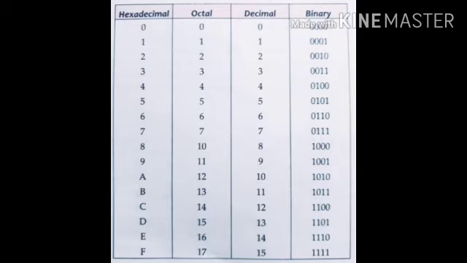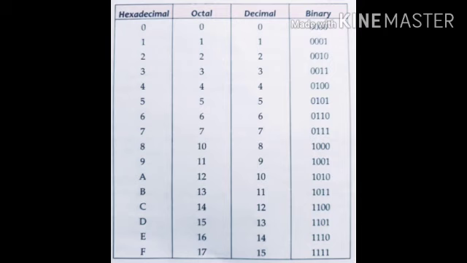Now let us have a comparative study between these four number systems: decimal, hexadecimal, octal and binary. In binary, any combination has only zeros and 1s. Every number which is used in the decimal number system is represented in the binary number system with the help of zeros and 1s.